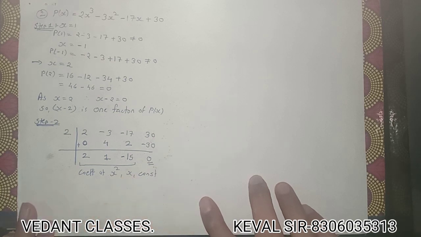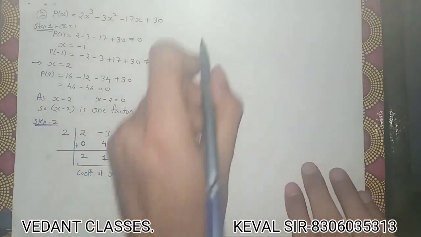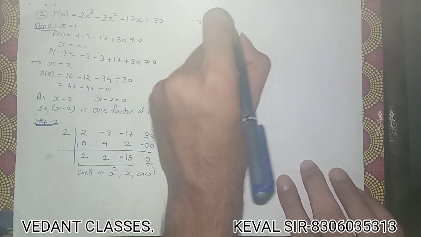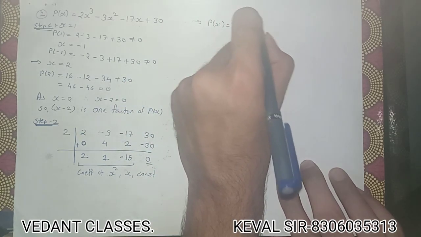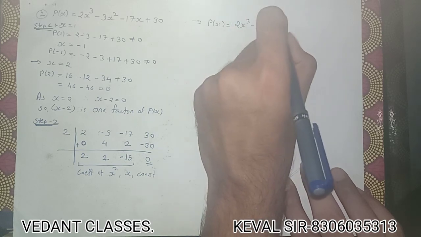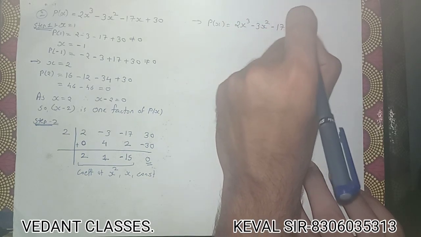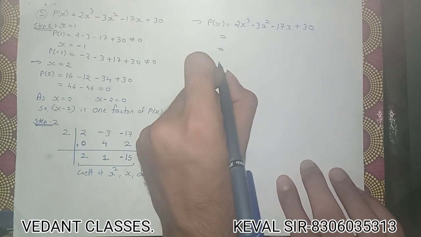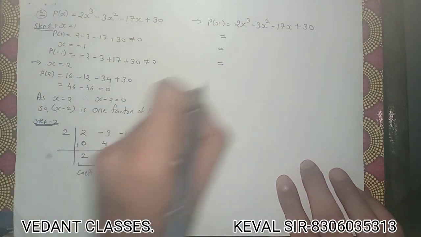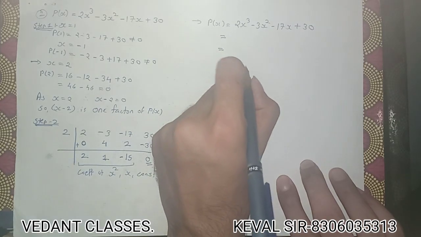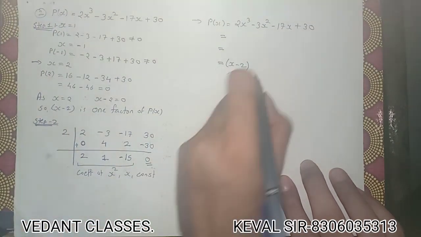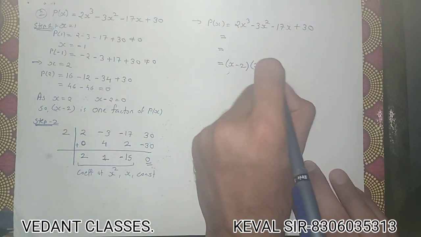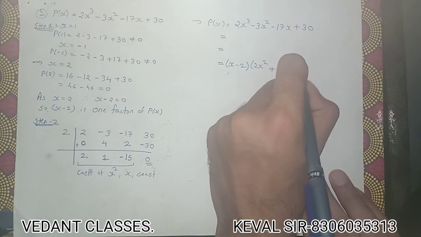Now let's write the value of p of x. So here p of x will be equal to 2x cube minus 3x square minus 17x plus 30. Leaving two steps as we used to do, this will be x minus 2 and this will be 2x square plus x minus 15.